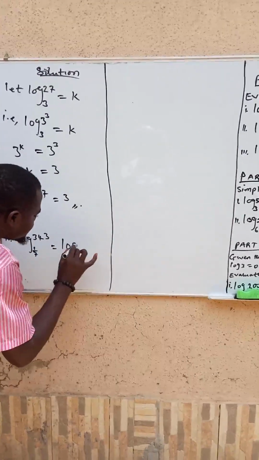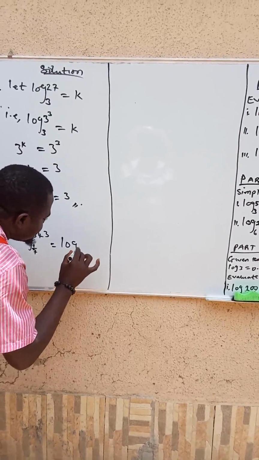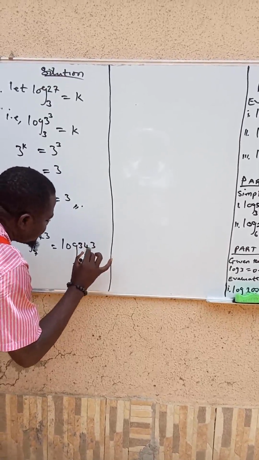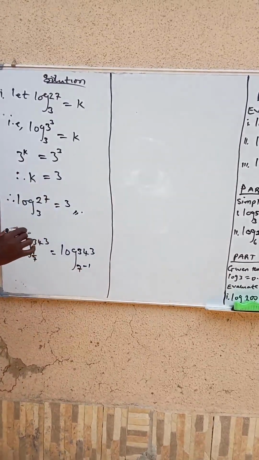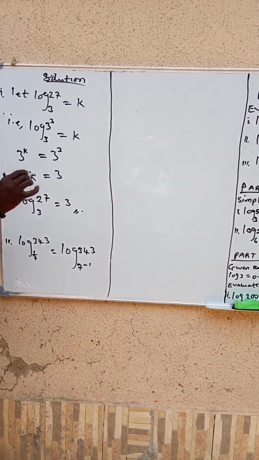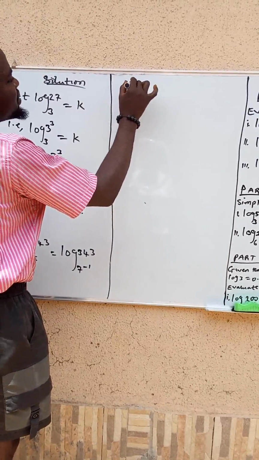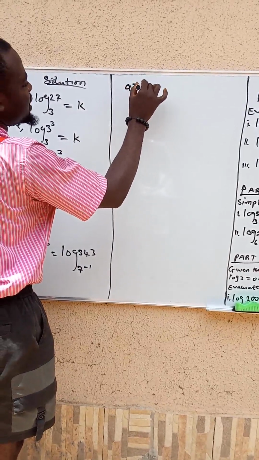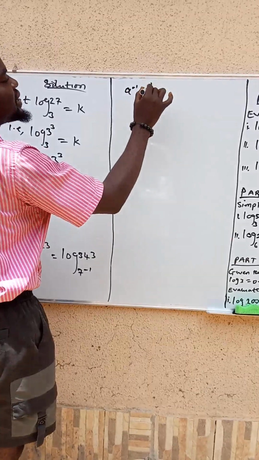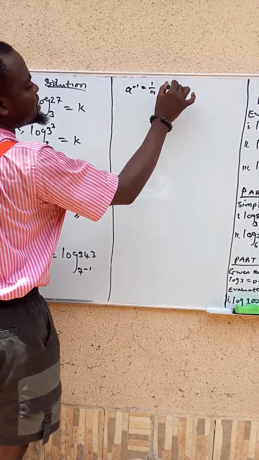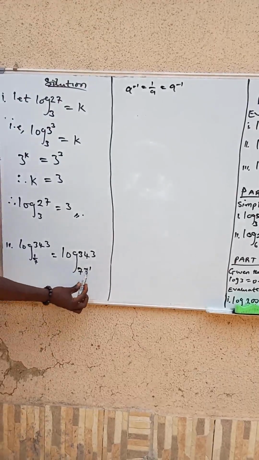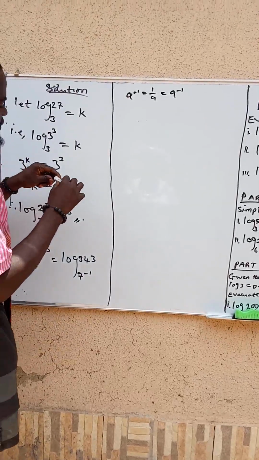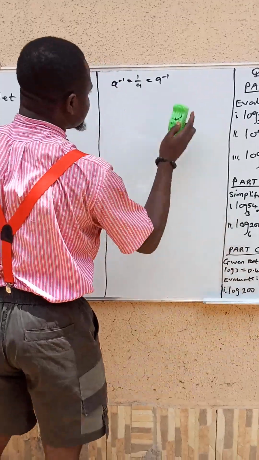Log 343 to base 7 raised to the power of minus 1. You know that a raised to the power of minus 1 is the same thing as 1 over a, and 1 over a is the same thing as a raised to the power of minus 1. That's what I did here. 1 over 7 is 7 raised to the power of minus 1. Good.